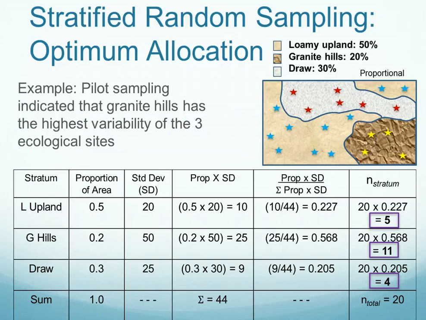In this case, the loamy upland, which formerly had 10, would be reduced to 5, and the Granite Hills, which formerly had 4, would be increased to 11. Because the Granite Hills area is more variable, it would take more sampling units to estimate the variability as well as for the other strata.